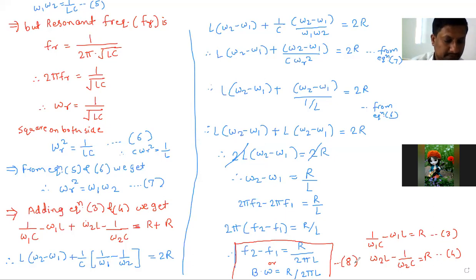Once again, everyone read this point. All steps you can read and try to understand. If you are having any difficulty, if you have not understood any point or any step, you can freely ask.